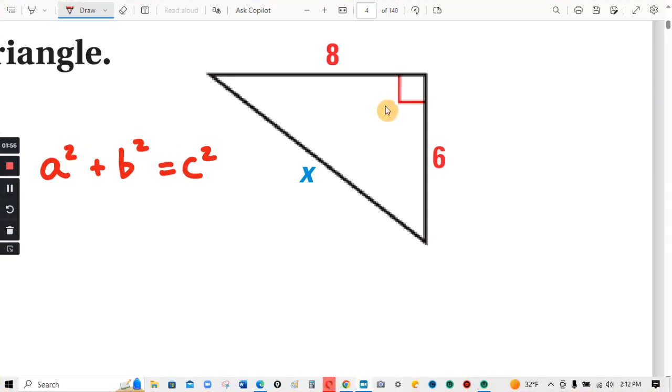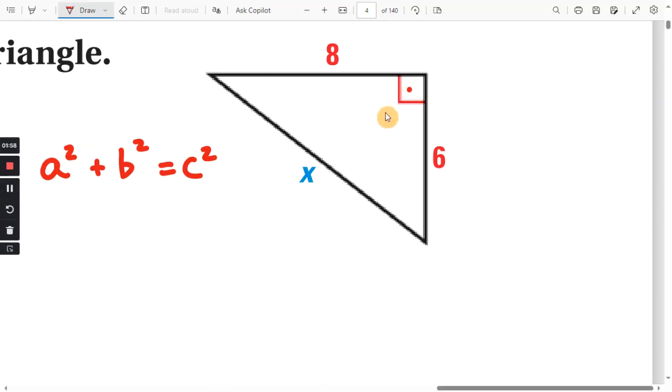So recall, we said you go across from your right angle to the side, and that is always your hypotenuse. So I am going to let x equal c. The other two sides, it doesn't matter which one is a and which one is b. So I'm going to let a equal 8. And I'm going to let b equal 6.